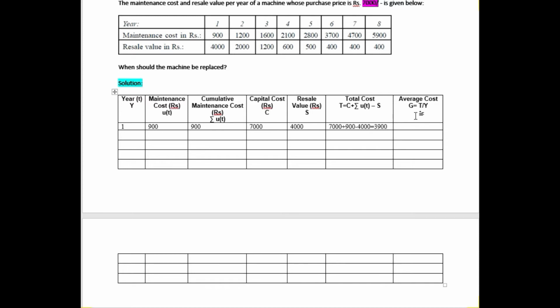The average cost is the total cost divided by that particular year, so 3,900 divided by 1 equals 3,900.